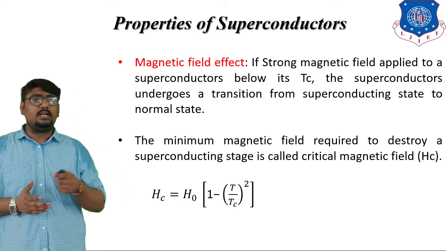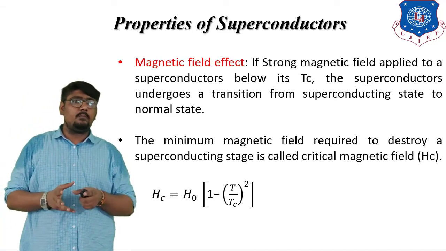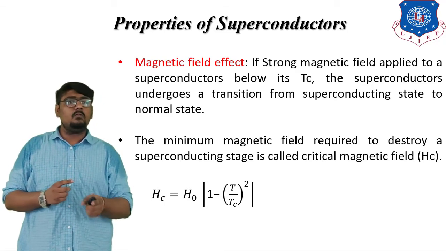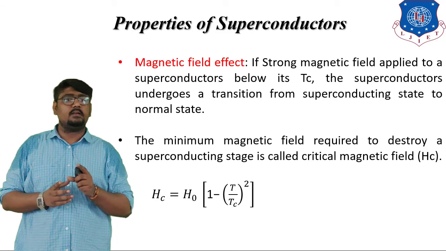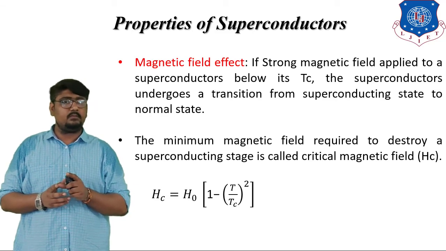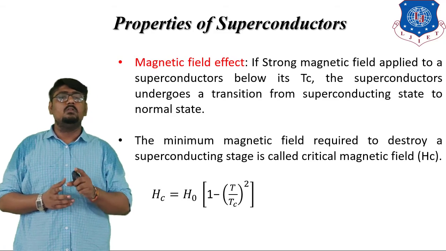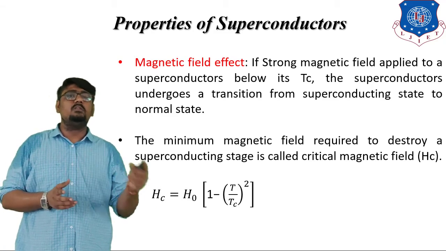So let me recall it. If a strong magnetic field is applied to a superconductor below its critical temperature, the superconductor undergoes a transition from the superconducting state to the normal state.